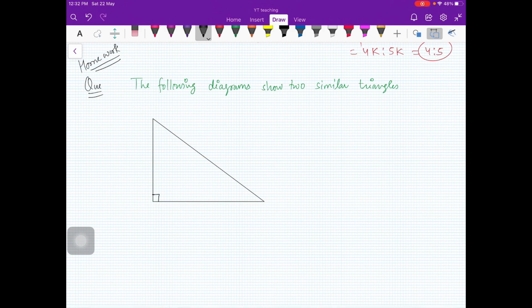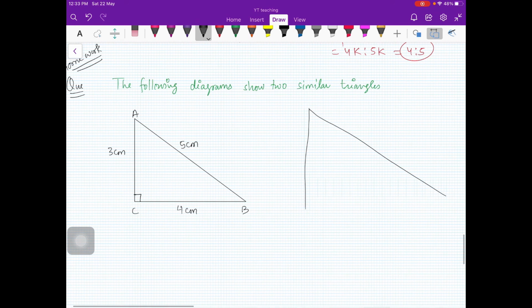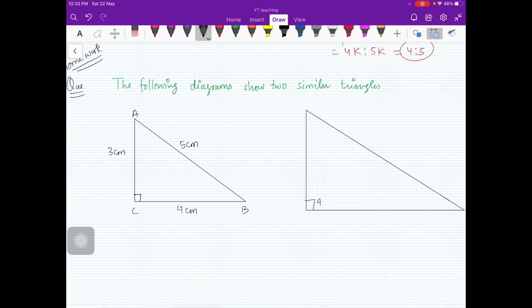The sides are, this is 90-degree angle. This triangle is ACB. The sides are 3 centimeter, 5 centimeter and 4 centimeter. And there is another triangle which is similar to this triangle. Okay, so this is how I am going to draw it. So this is 90-degree. So this is also 90-degree. So the triangle is DFE.